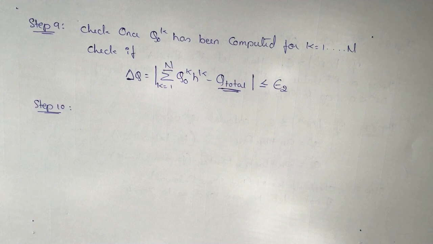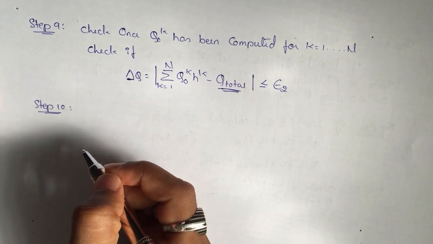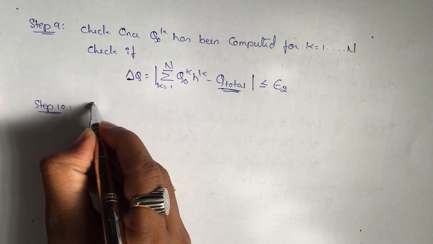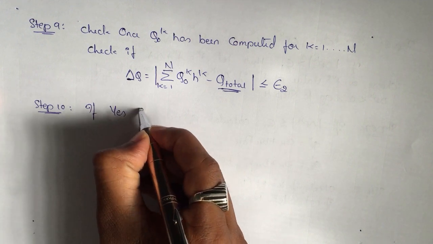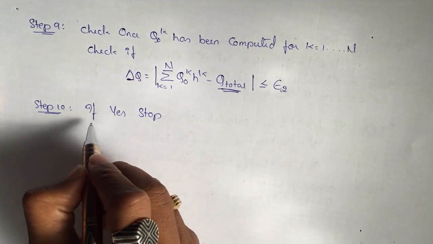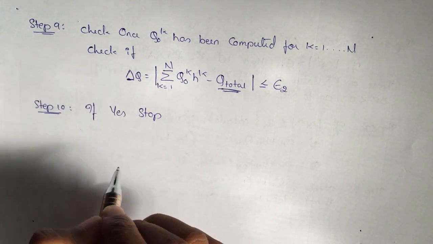Step 10, we'll check whether we need to stop this loop or not. Checking, if it is yes, stop. If it is less than epsilon 2, we are going to stop this algorithm.